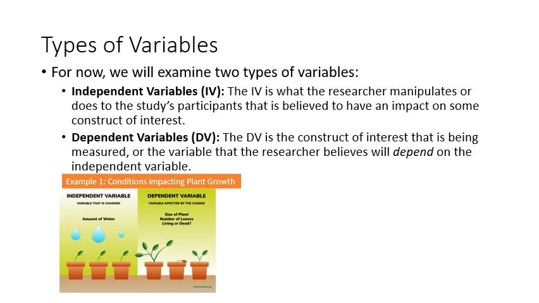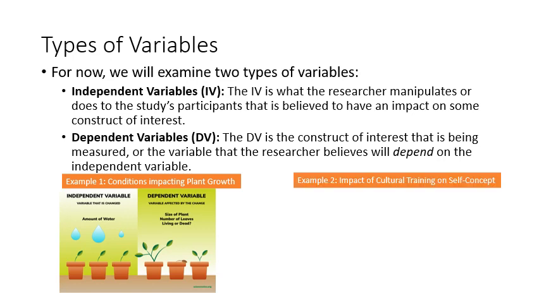Then he measures certain variables about plant growth: the size of the plant, the number of leaves, is the plant living or dead? And these things would serve as his dependent variable because he thinks that the size of the plant growth would depend on the amount of water. So he held constant all of the things like light and soil and pot, and varied only the water. And so he could tell if water made a difference.